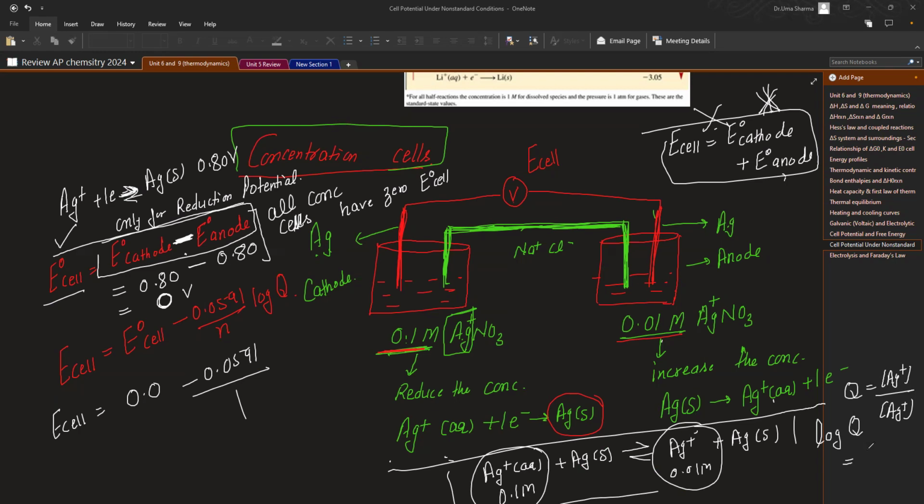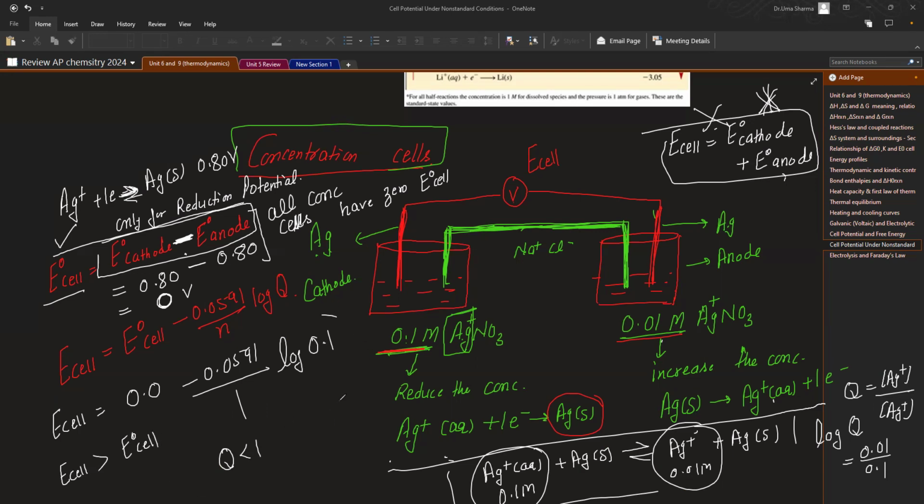So it is 0.01 divided by 0.1. And everybody's right. So is this Q log 0.1? Is this Q greater than 1 or less than 1? Q is less than 1. So E cell will be greater than E naught cell.